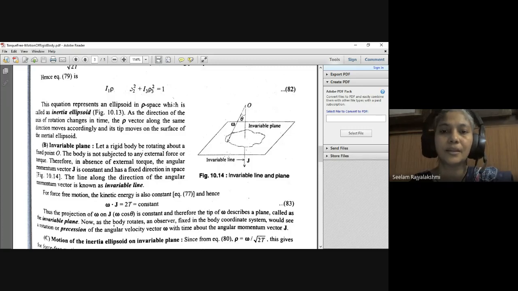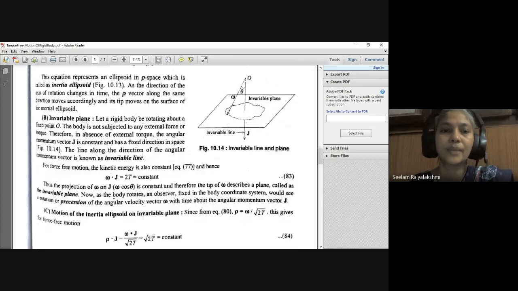For force free motion, kinetic energy is also constant, and hence omega dot J equals 2T, which is constant. Thus, here we can observe the projection of omega on J. That means we will get omega cos theta. So the projection of omega on J, omega cos theta, is a constant, and therefore the tip of omega describes a plane called the invariable plane.